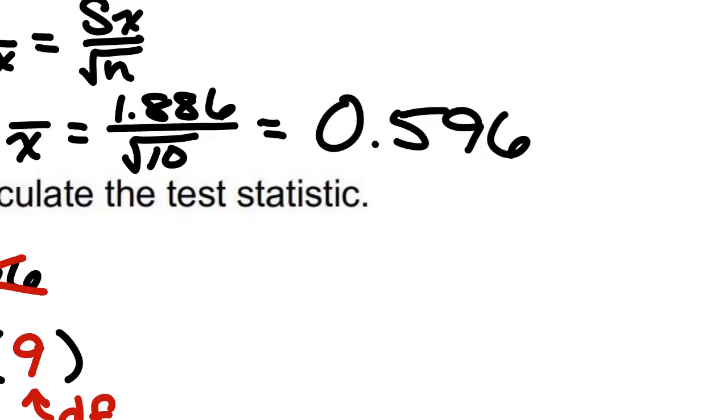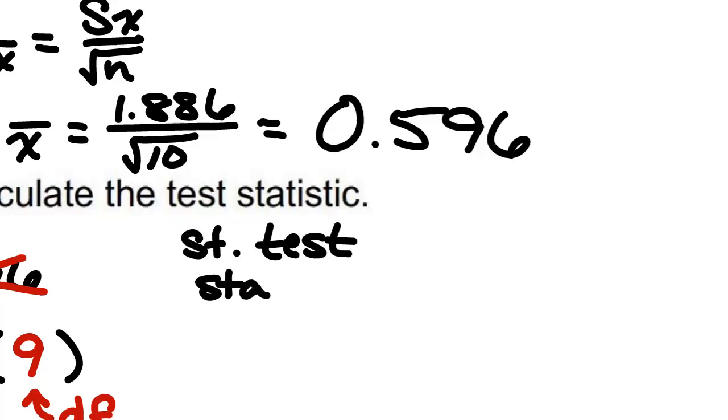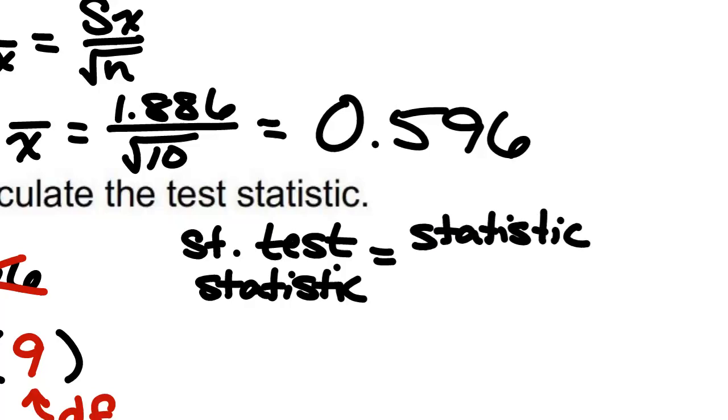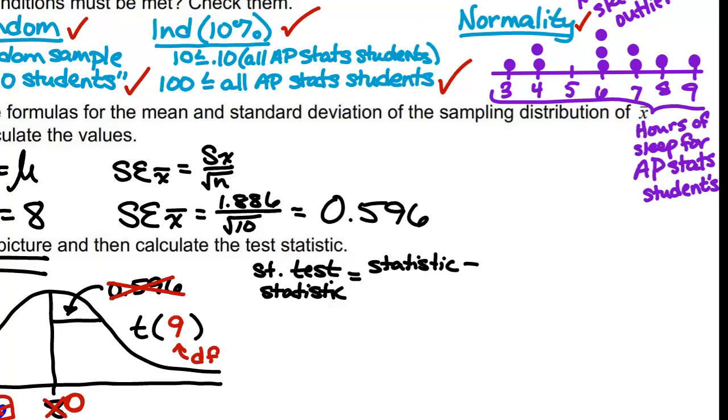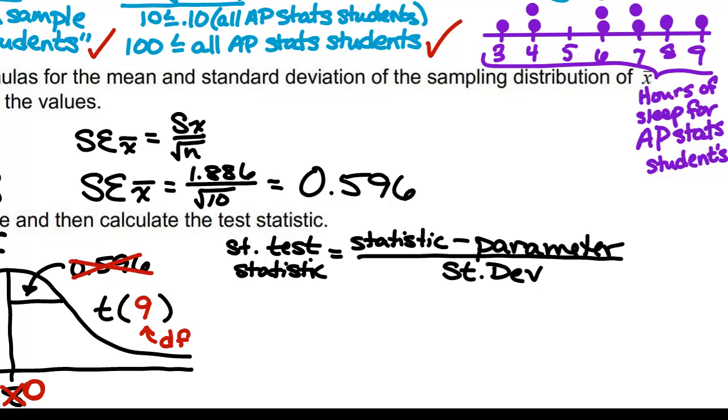Do you guys remember how to find a standardized test statistic? Test statistic is statistic minus parameter divided by the standard deviation. This time, instead of my test statistic being z equals, this is t equals.